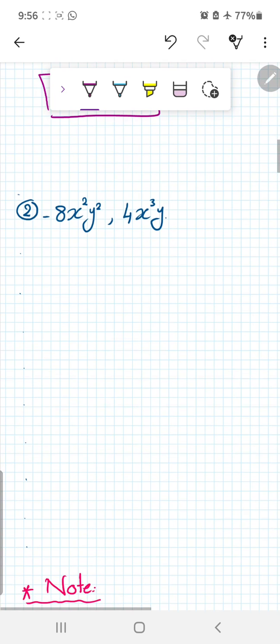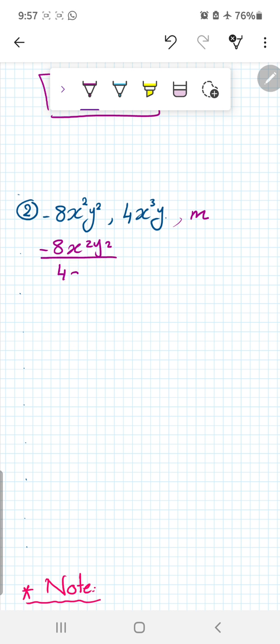Okay, another example. Here we have the first proportion and the middle, and we want to get the third. Let the third be L, or M, or any letter except X and Y, because here we have X and Y. As in the previous example, negative 8 X power 2 Y power 2, first, over the middle, repeated the middle, over M. Make cross multiplication.